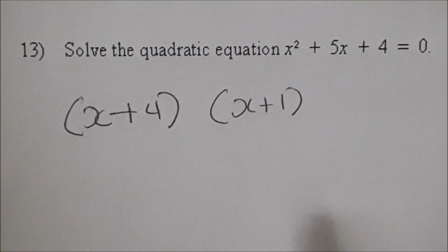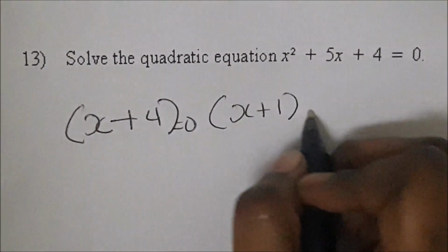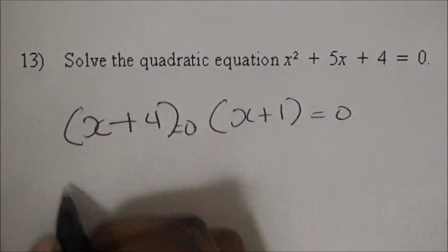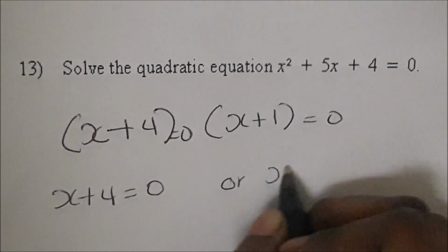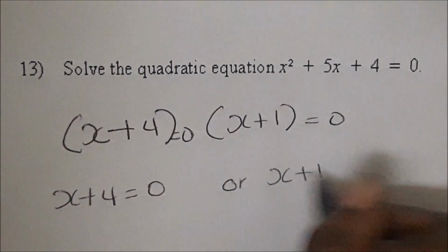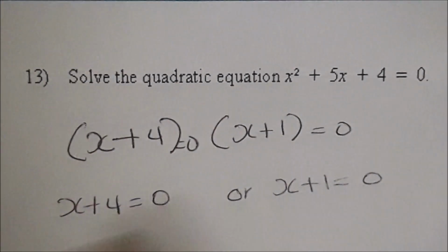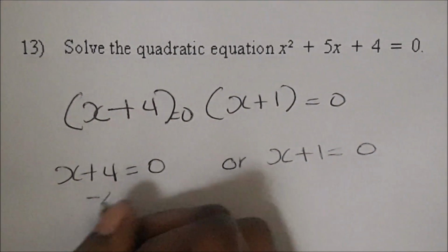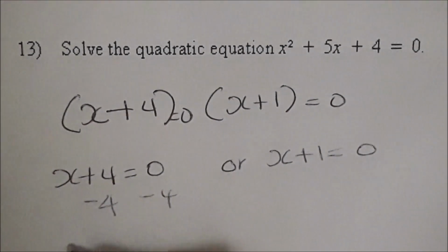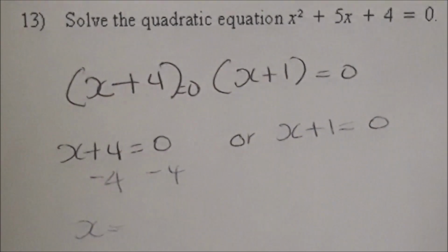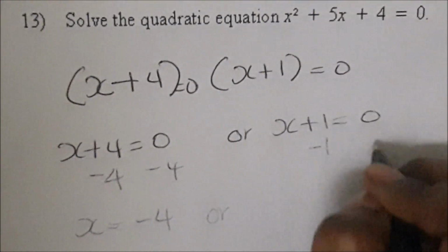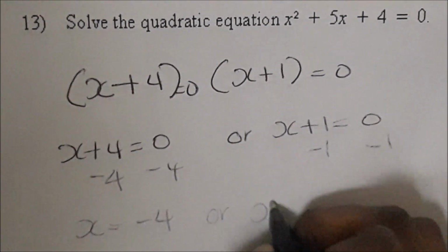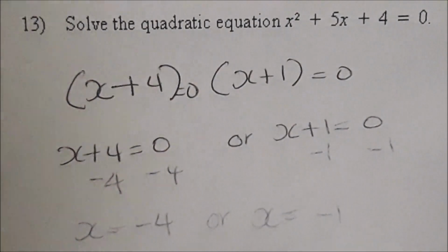We must also set each one of these equal to 0. X plus 4 equals 0, or x plus 1 equals 0. We must solve now. Subtract 4: x will be equal to negative 4, or subtract 1 here: x will be equal to negative 1.